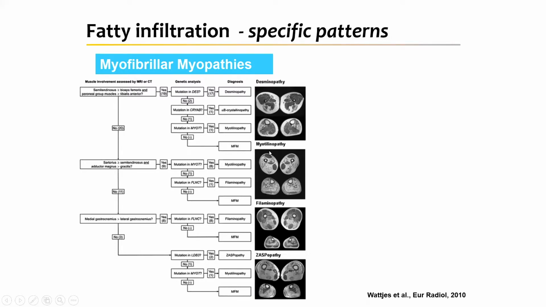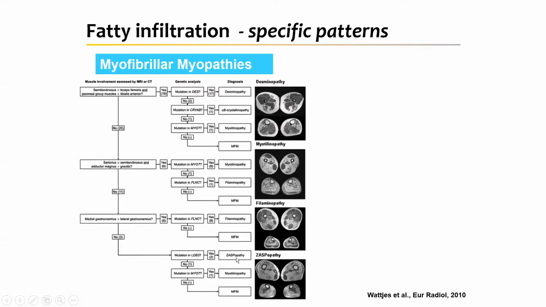If it's not the case, and the semitendinosus is less affected, then you just have to answer a question: is the sartorius more affected, and the adductor magnus more involved than the gracilis? If yes, then you're pointing to myotilinopathy. If not, you go one step down and look at the involvement in the gastrocnemius. If the medial gastrocnemius is more involved than the lateral, it's an argument in favor of filaminopathy, and if not, then you end up with ZASPopathy.